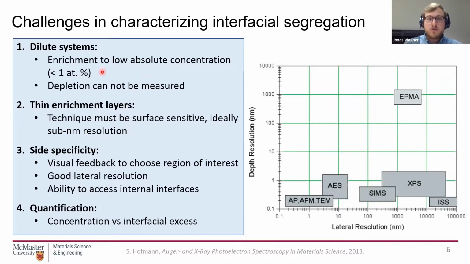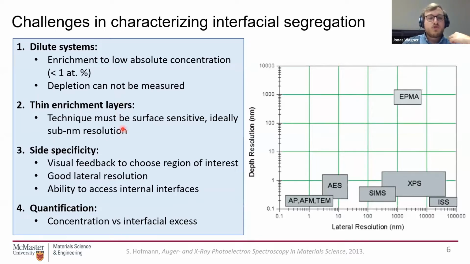So far, all those challenges sound very similar to our usual challenges when we analyze thin films. But there's something special when we talk about real engineering materials, metals, for example. And that is that we cannot assume that our enrichment layer is homogeneous across the surface of our sample, right?